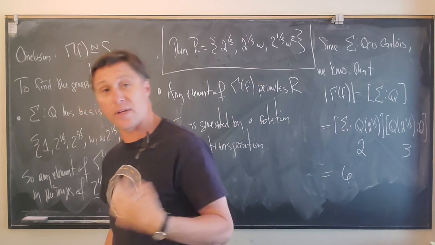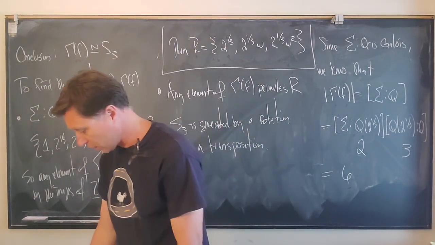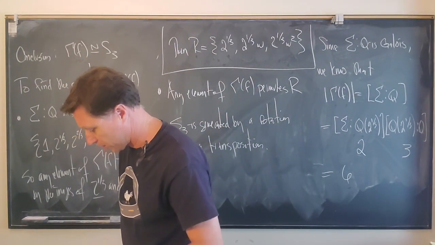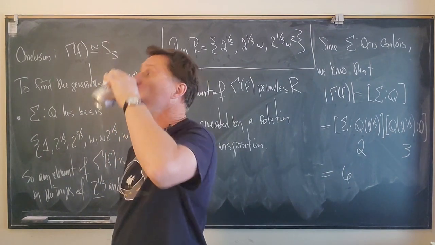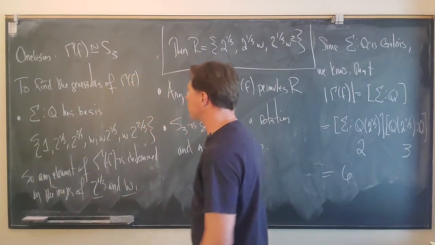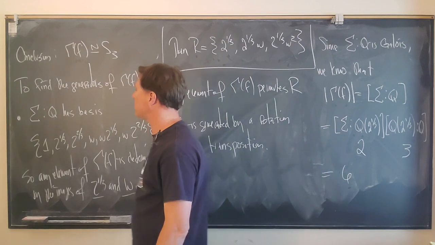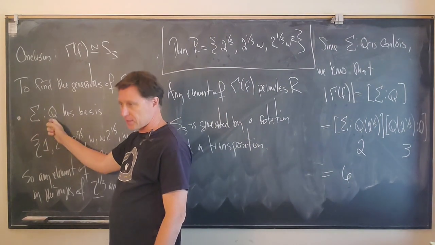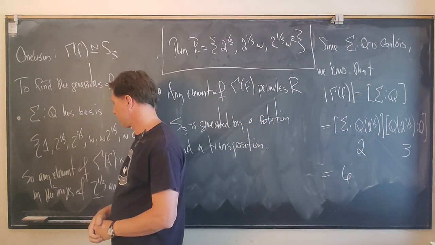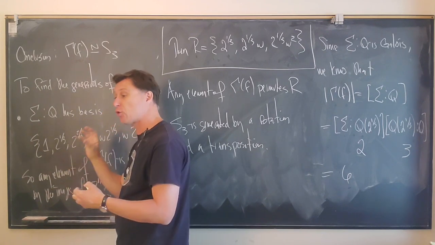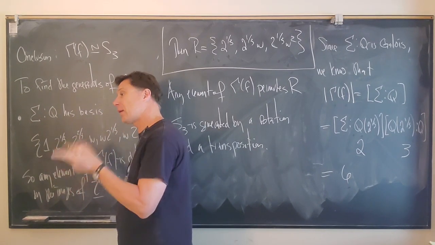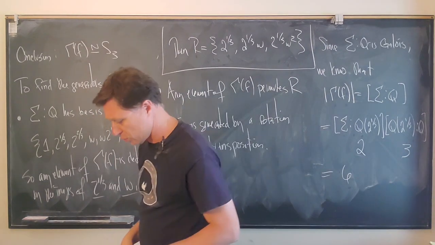Those three facts are going to allow us to figure out who the generators of the group are. So what I want is an automorphism of sigma that fixes Q, of course. I want one of them to be a rotation, and one of them to be a transposition, an order 2 element.